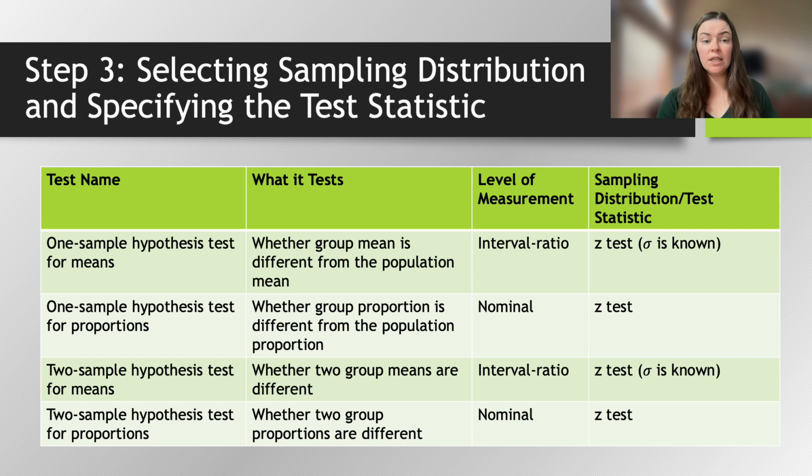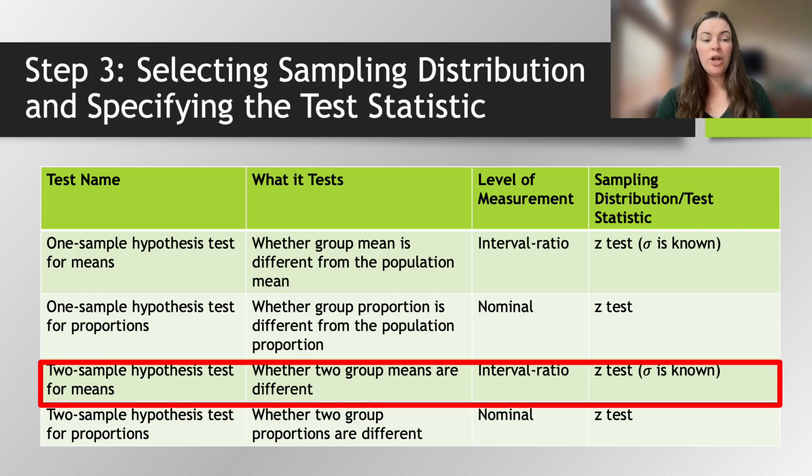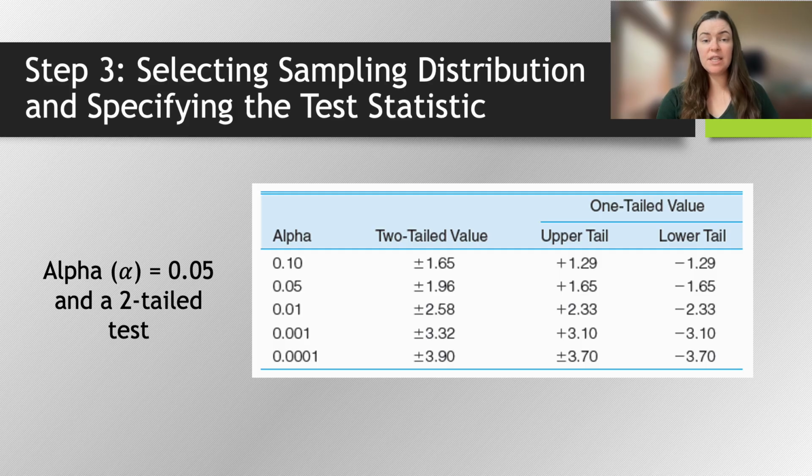Step 3 is to select our sampling distribution and specify our test statistic. We are working with a two-sample hypothesis test for means. We also double-check that we are, in fact, using an interval ratio level variable, and so we can go ahead and proceed with our z-test. The second component of step 3 deals with our alpha cutoff value.